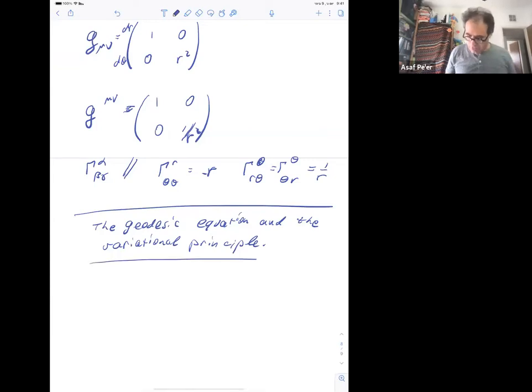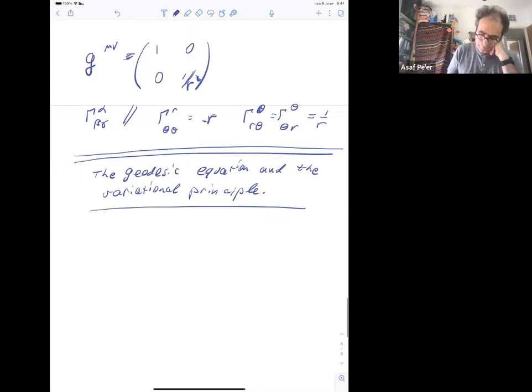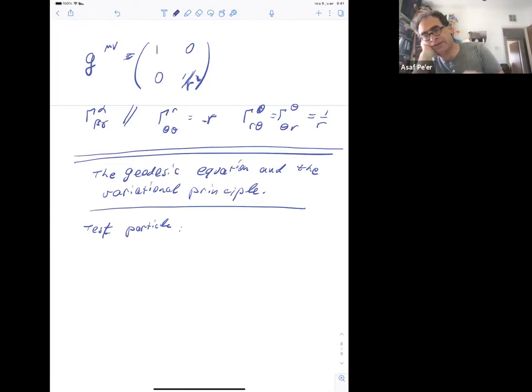Right. One thing is that we are considering what's called test particles. So when we say a test particle, what we mean is a particle that is small enough so that it does not affect the gravitational field of the surrounding, right? So we can think of ourselves in the gravitational field of Earth, right?